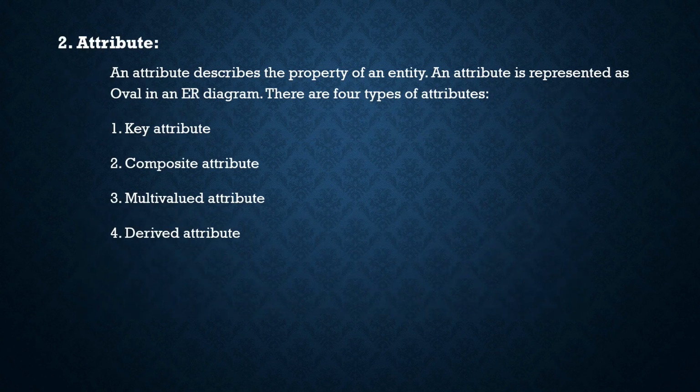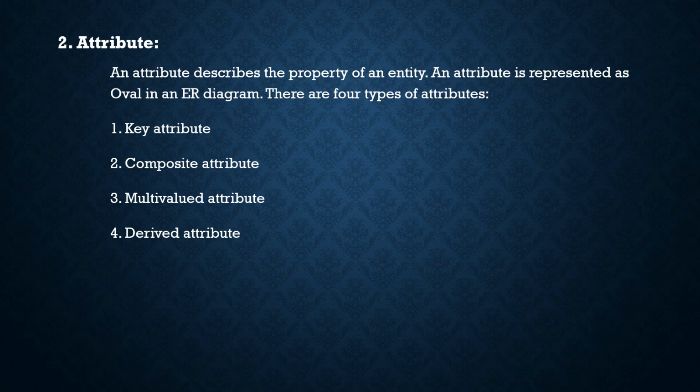Next, attributes. According to your syllabus, there are 2 attributes, key attributes and composite attributes. But according to DBMS, database management system, there are 4 types of attributes: key attribute, composite attribute, multi-valued attribute, and the 4th one is derived attribute. So what do you mean by an attribute?